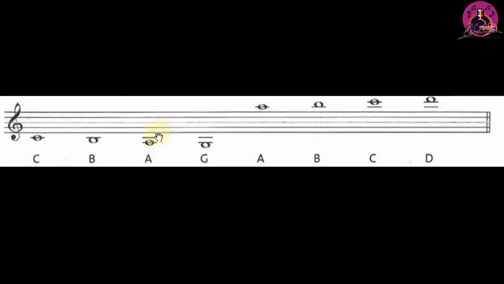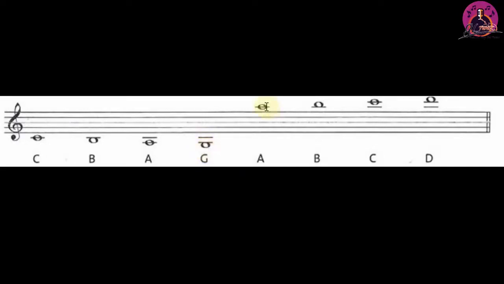So from the staff, this is the first ledger line, then this is the second ledger line, having that note head, that's the semibreve note head. Then you have the lowest note here, that's the third space from the staff under the second ledger line, and that note happens to be the lowest note of the violin.